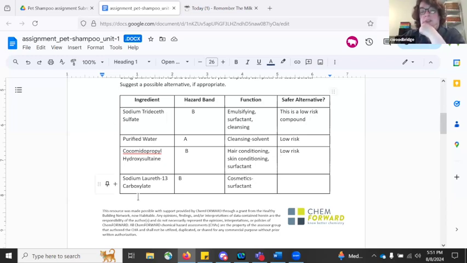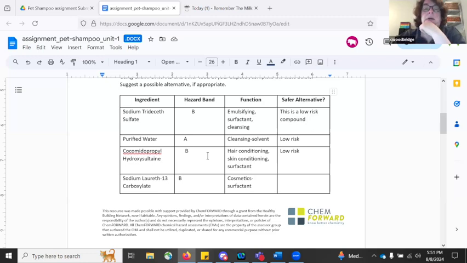So students would look up these chemicals, you as the student would look up these chemicals, and identify the hazard band. For this particular formulation, the manufacturer has hazard bands that are all A and B, which is fantastic. So this part, as a student, maybe isn't so interesting.